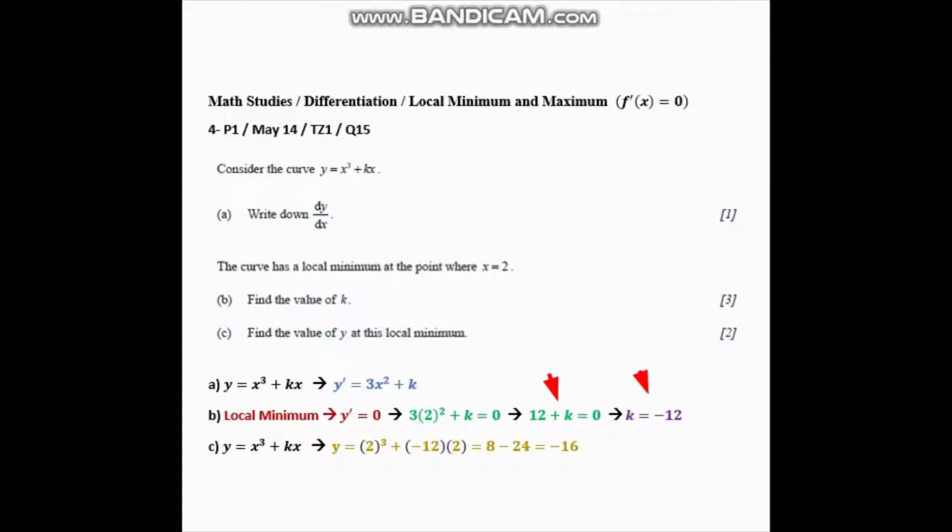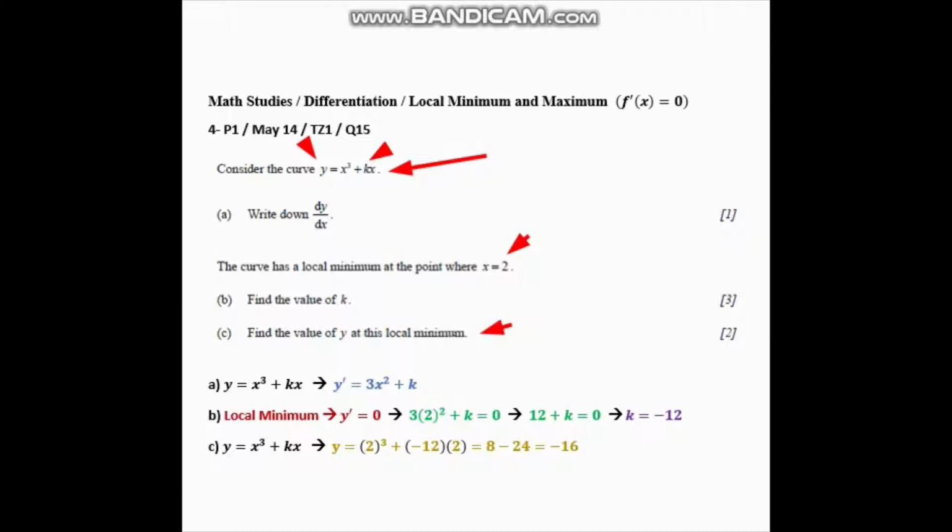Now in question C, I'm required to find the value of y at this local minimum. So we know that x equals 2 and we are required to find y. And we have obtained k as negative 12. So in this equation, I'm just going to replace x with 2 and k with negative 12.